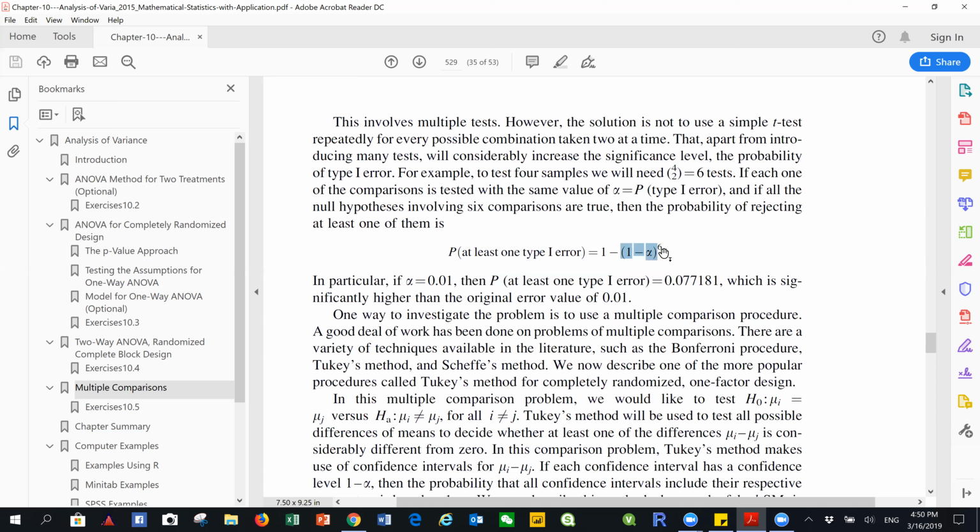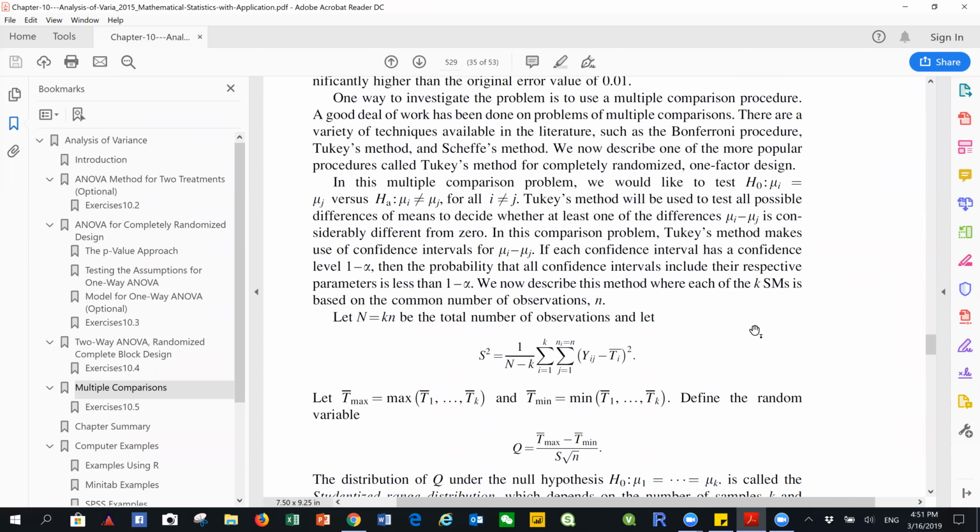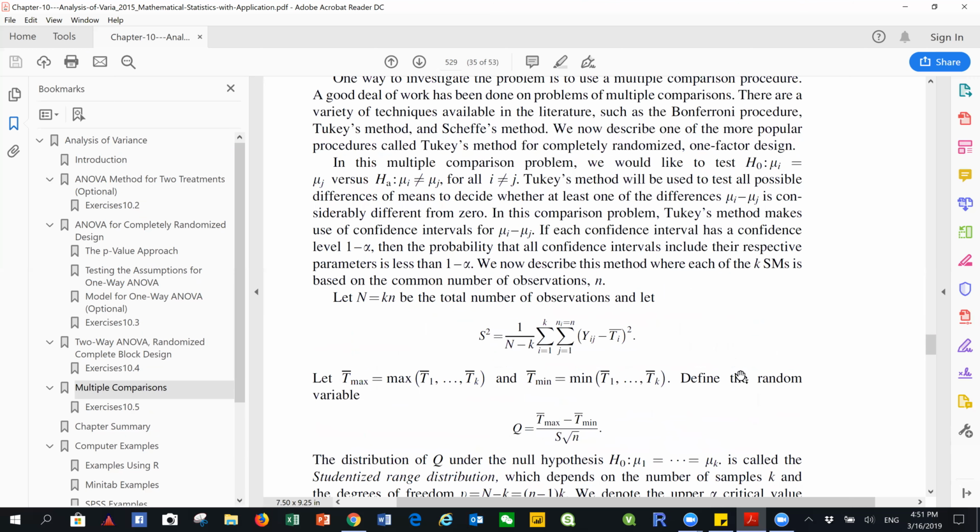But the price you have to pay is that your overall probability of at least one type 1 error increases from 0.01 to 0.77. And that will increase more significantly if you increase alpha to 0.05.